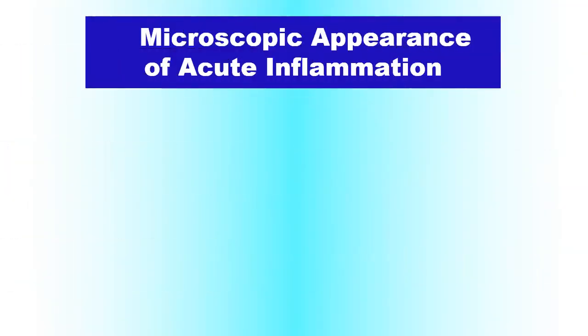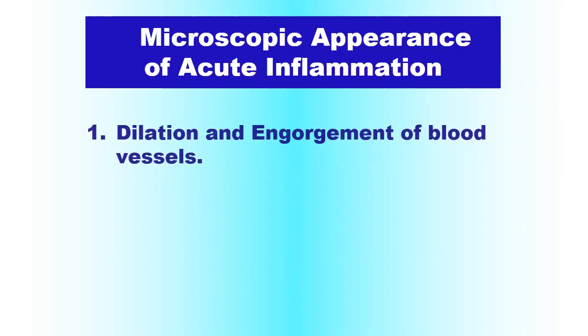The microscopic appearance or microscopic features of acute inflammation are seen in the tissue section by light microscopic examination, and these features are: first, dilation and engorgement of blood vessels. Second, exudation of fluid.